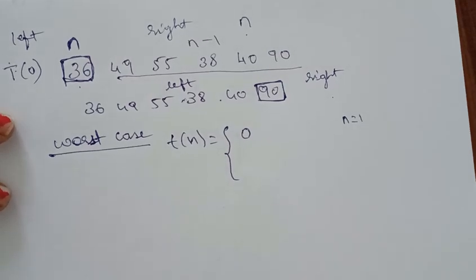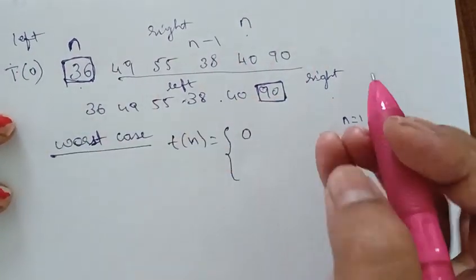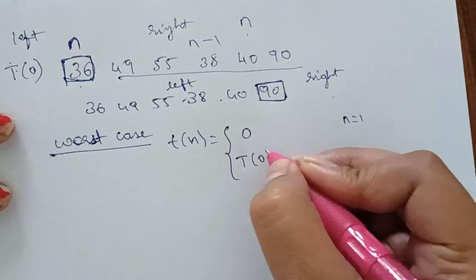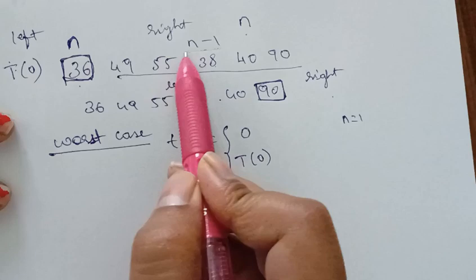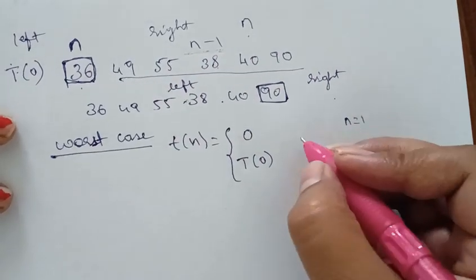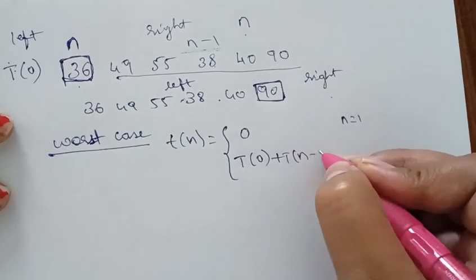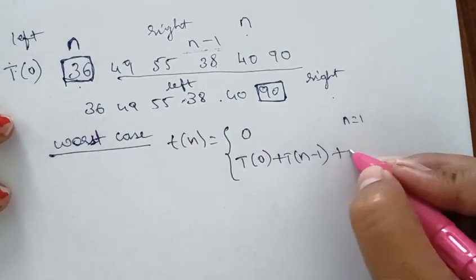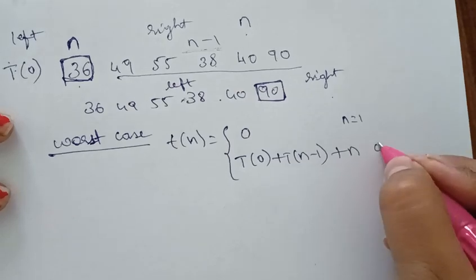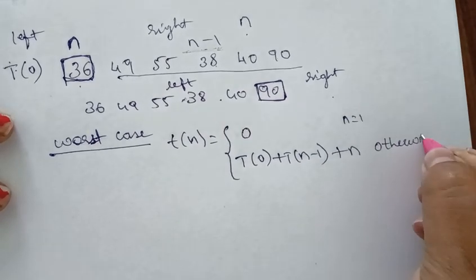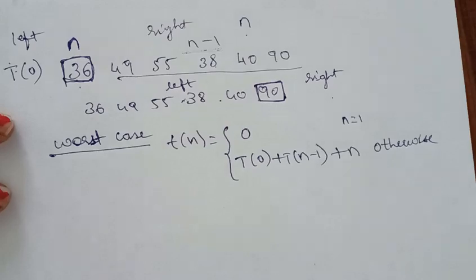One part of the array, either right or left, is 0, so it should be T of 0. In the other part of the array, n minus 1 elements will be there. I'll write it as T of n minus 1, and then n number of times I'm going to select the pivot element, so I'll take it as n. This is the general plan.